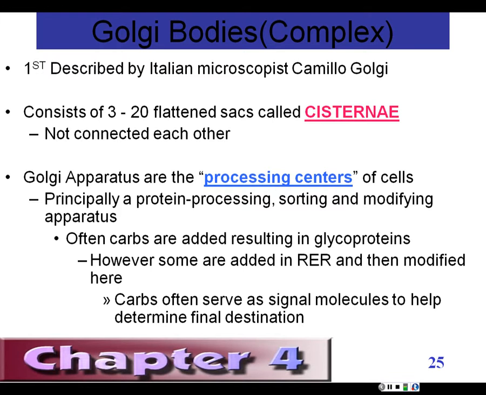All right, so again, finally we said any carbohydrate molecule that's added can serve as some signal molecule, basically determining the final destination. Okay, where are we going? Are we going to another part of the cell, or are we going out to the membrane for exocytosis?